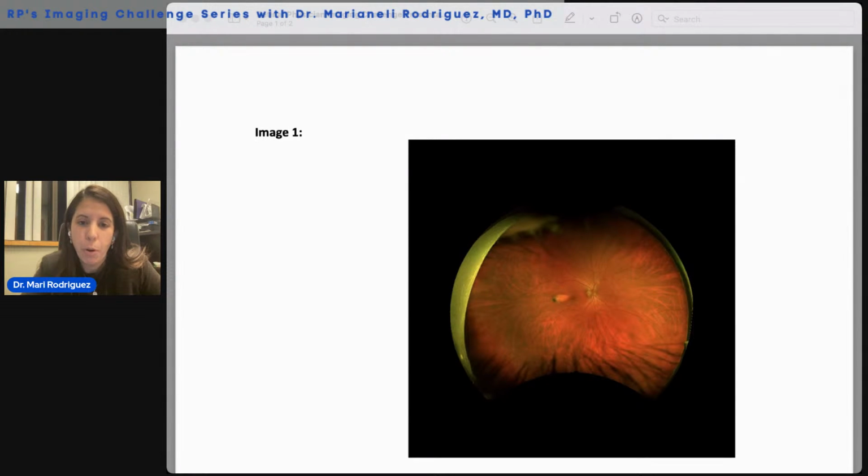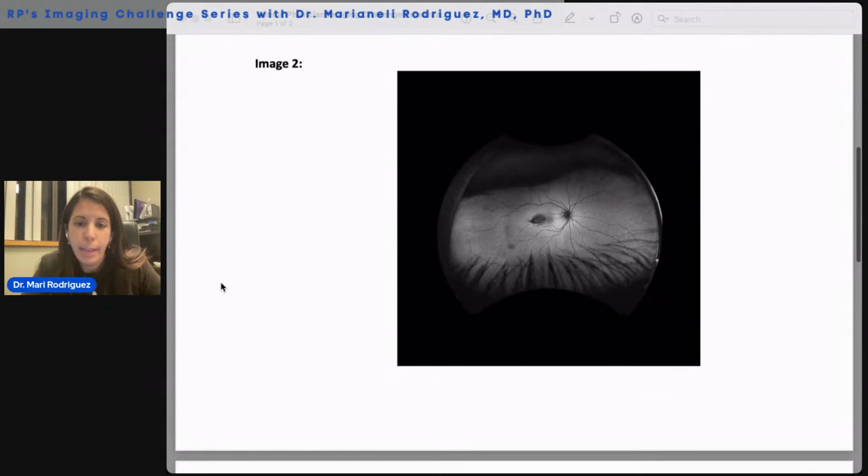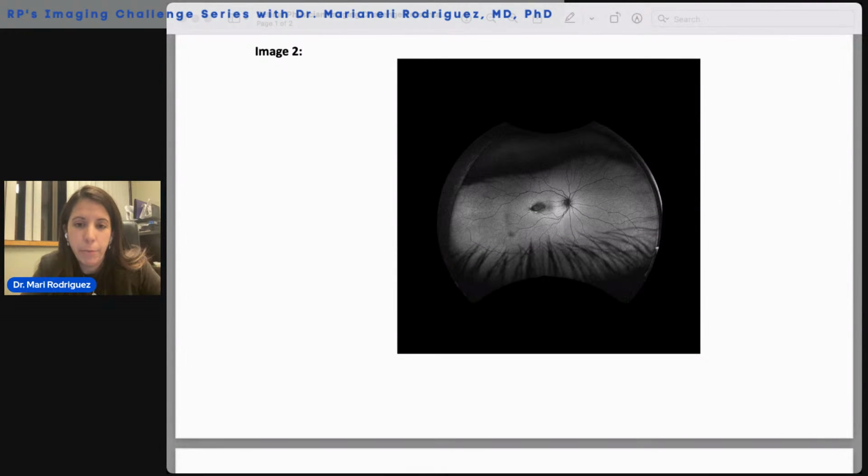Examination of the posterior pole demonstrated a flat, hypopigmented, torpedo-shaped lesion temporal to the macula with a small hyperpigmented tail. Then when we did the fundus autofluorescence, we saw a hyperfluorescent border surrounding that hypoautofluorescent area of atrophic retinal pigment epithelium.